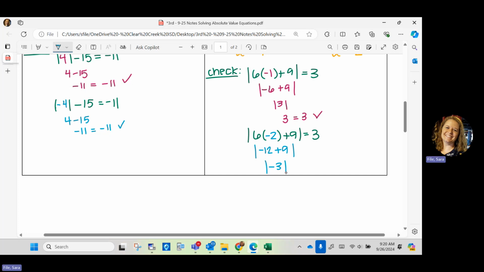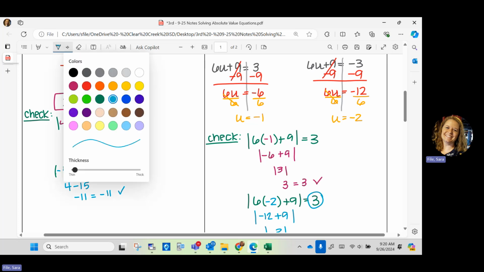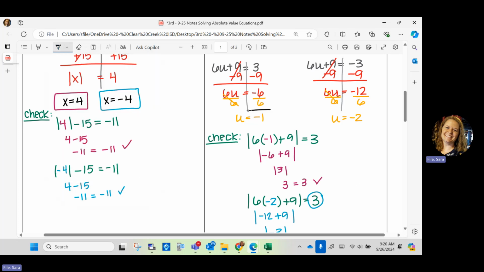What is the absolute value of -3? 3. Is that what it was supposed to equal? Yeah, it was supposed to equal 3. It checks out. So both of those solutions are good. So I end up having u equals -1 and -2 as my solutions.